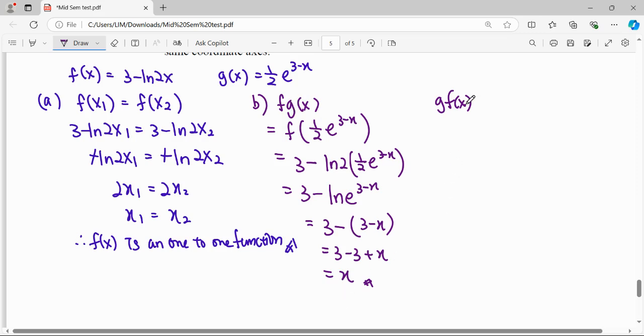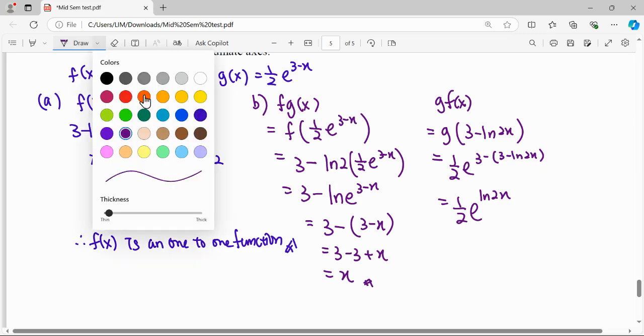Then we have to calculate gf(x). So substitute f(x) first. Then substitute this into g(x), meaning the place of x here, in the power place. So in the power position, we simplify 3 minus 3, negative, negative becomes positive.